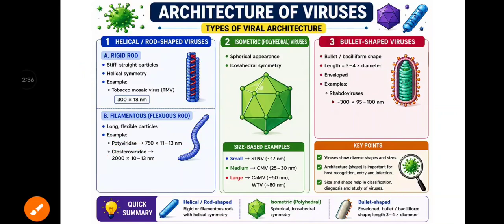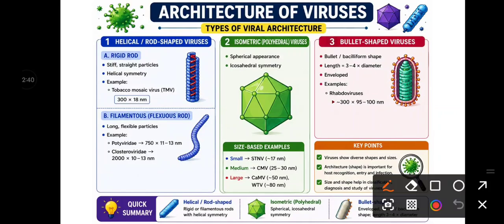Next, isometric polyhedral virus or icosahedral symmetry. Here the virus is of spherical shape. Icosahedral symmetry, spherical shape. Spheres may be of 3 sizes: small, medium, large. Small sphere is observed in STNV, satellite tobacco necrosis virus, and size is around 17 nm.